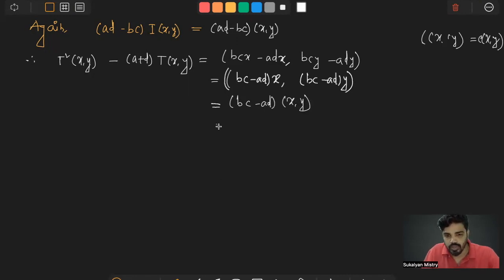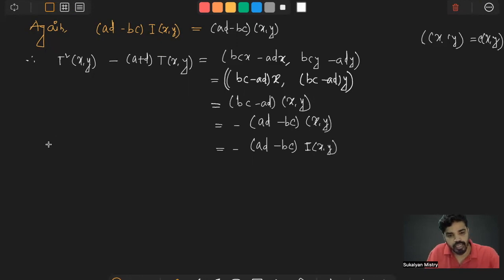If we take the minus sign common, you get minus (ad minus bc) into (x, y). That means minus (ad minus bc) into the identity map I of (x, y). So finally what do we get?